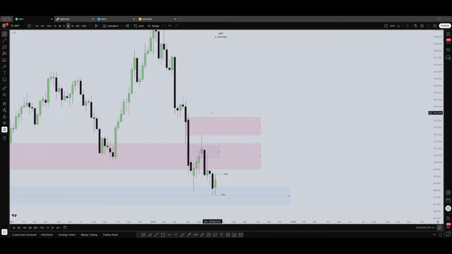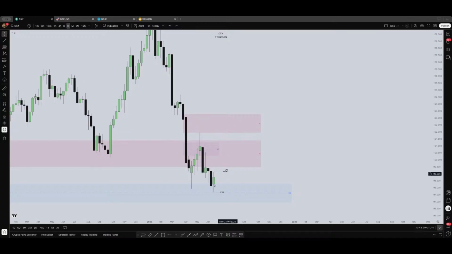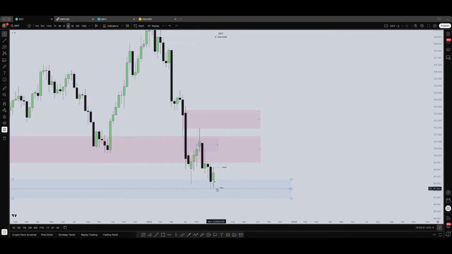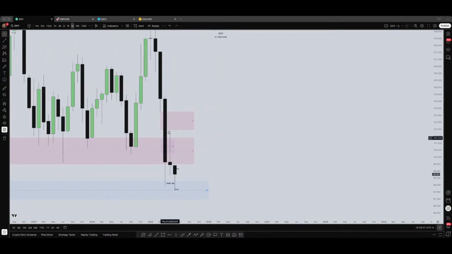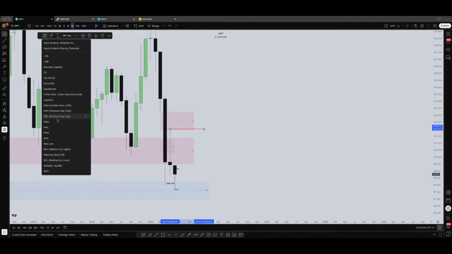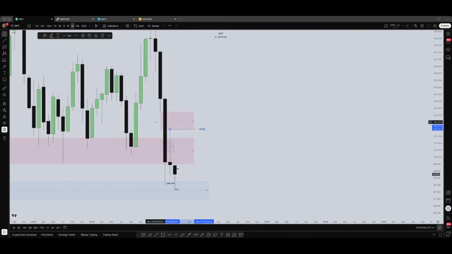Okay, so previous week high, previous week low. Let me check. And we also have, I won't put it yet, but if you want, this will be the previous month high. So this is an important level also.